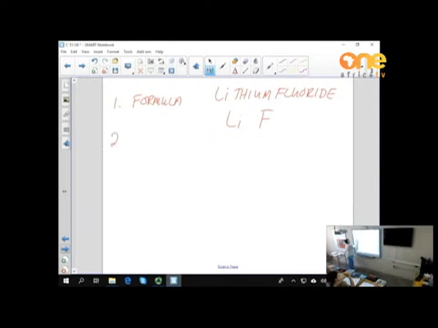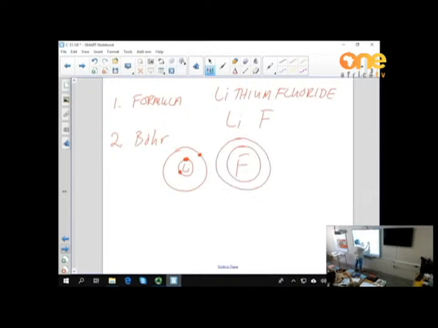The second step, write the Bohr structure of the elements. Lithium is element number 3, so it has 3 electrons: 2 in the first shell and 1 in the outside shell. Fluorine has how many electrons?